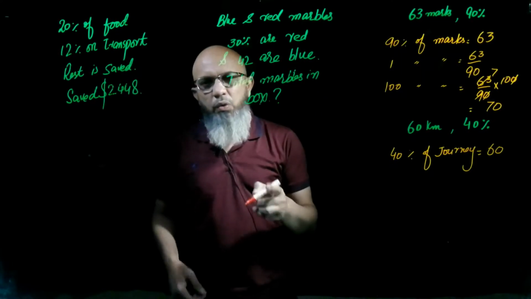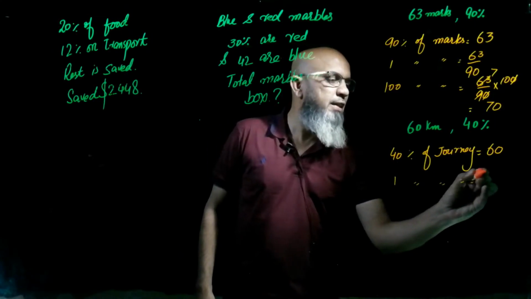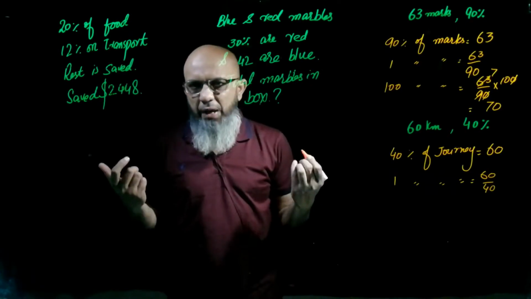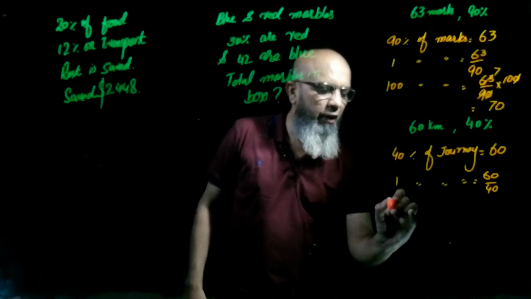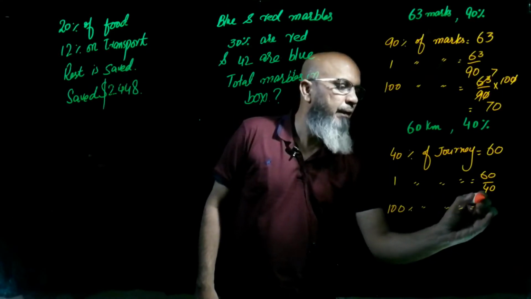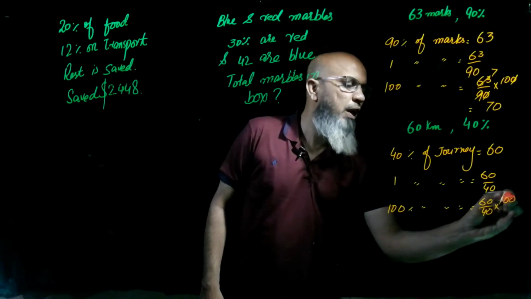So now what to do? We will find 1%. So 1% of the journey, that is 60 over 40. And what we have to find? We are going to find the 100%, means total journey. So 100% of the journey, 60 over 40 into 100.